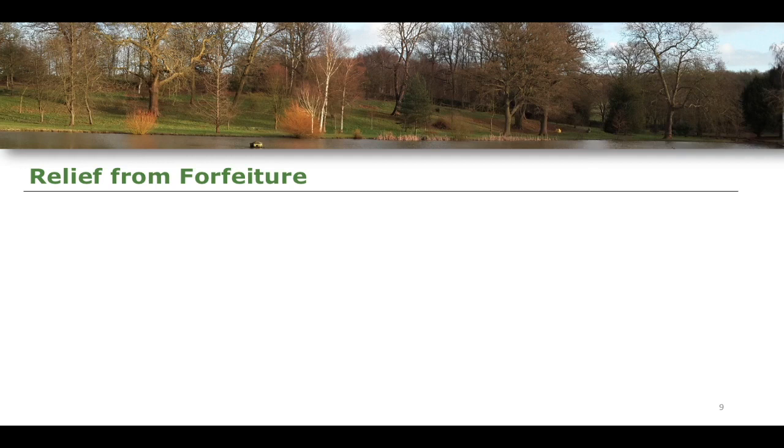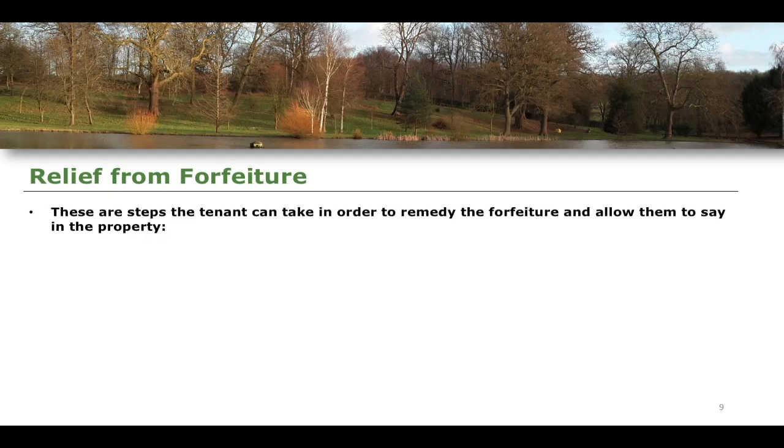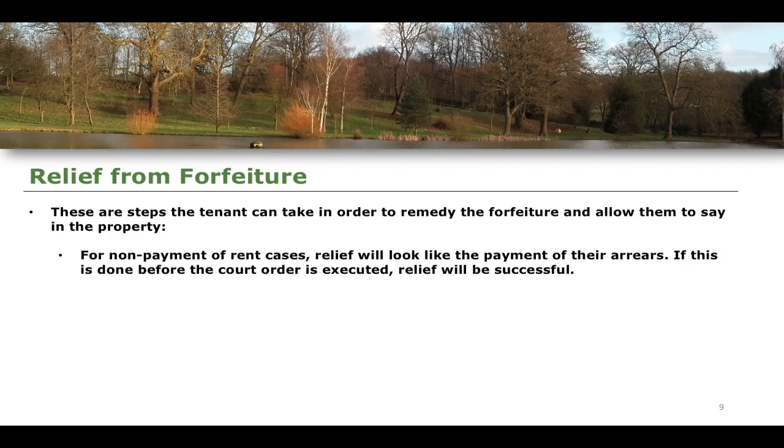If there is a breach of a covenant, there could be relief by way of remedying that situation, which does not necessarily result in a forfeiture. So these are essentially the steps that a tenant is able to take in order to remedy the forfeiture and therefore allow them to stay inside the property.